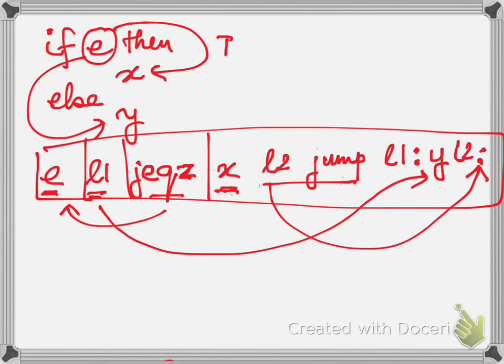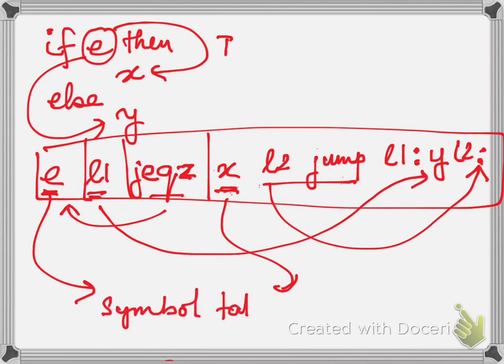If it is an operand, like here E is an operand, X is an operand, these will be pointing to the symbol table entries. And if it is an operator like this, then it will be some instruction code, some opcode will be used.